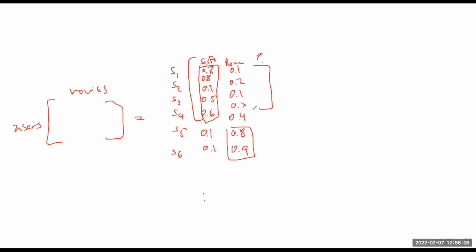For the third one, it might be all over the place. So it might be like 0.5, 0.1, 0.9. So what ends up happening is that this one is not very useful. You couldn't figure out what it was. Maybe it tried a rom-com or something and it just couldn't quite get it with the data that it has.